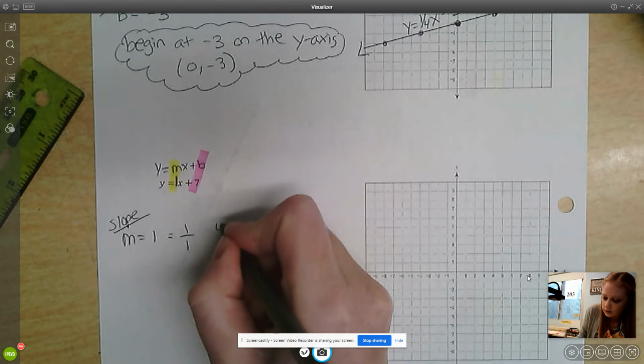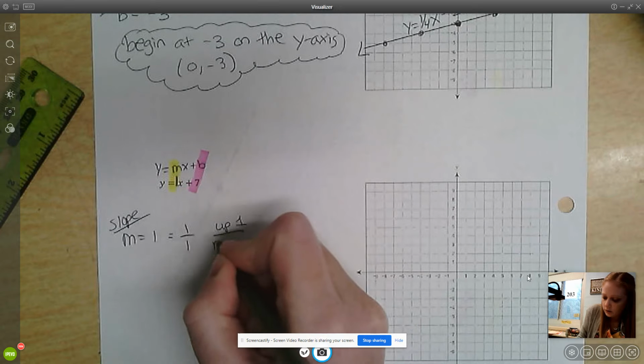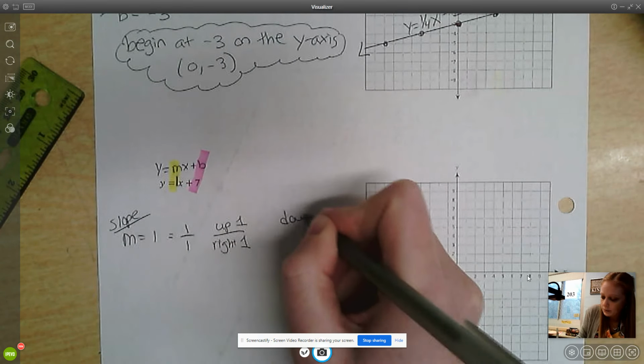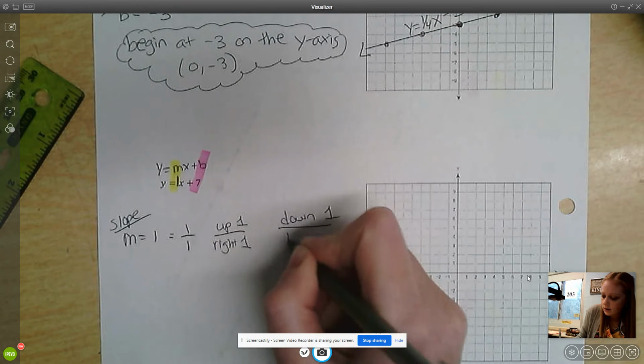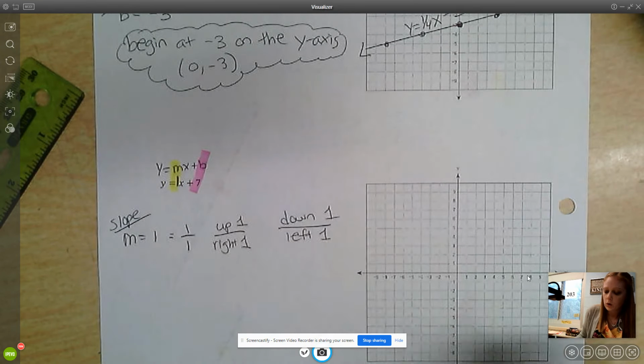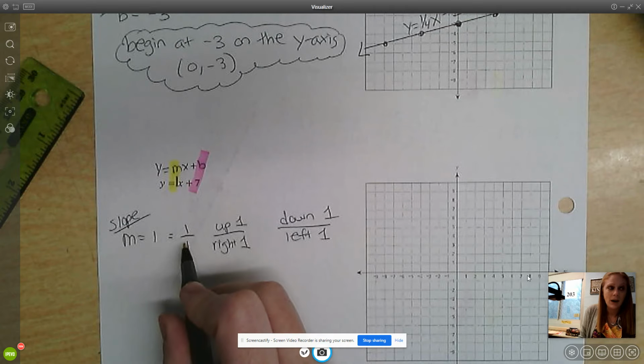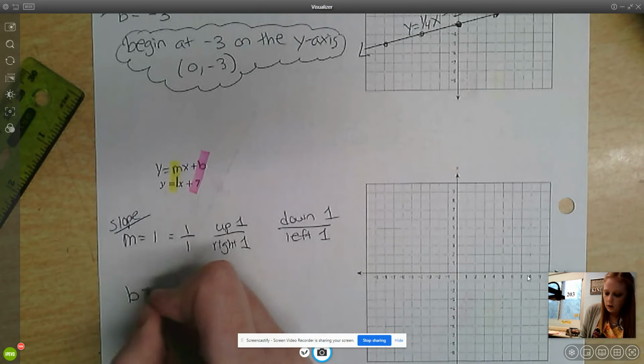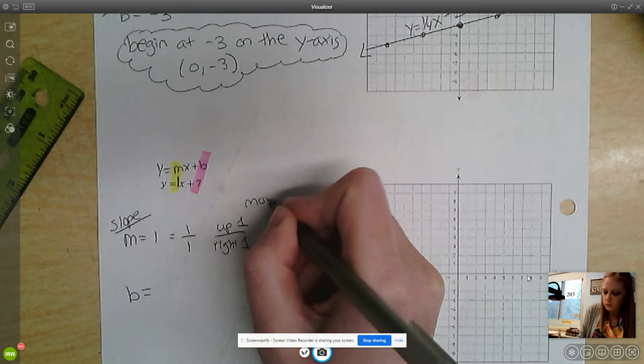Positive 1 tells us we'll be going up 1, right 1. Reverse it, opposite will be down 1, left 1. Okay, so a positive slope, we're going up and then to the right. Our b, our y-intercept, this is how we will move.